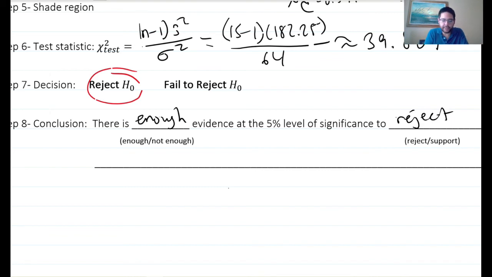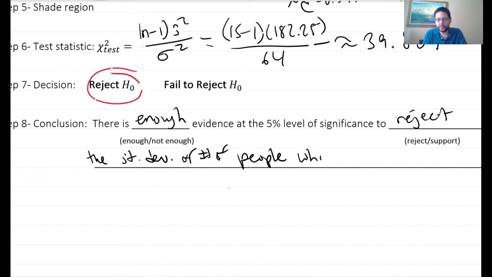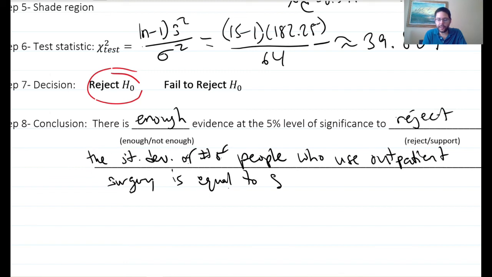Reject the claim that the standard deviation of the number of people who use outpatient surgery is equal to 8.